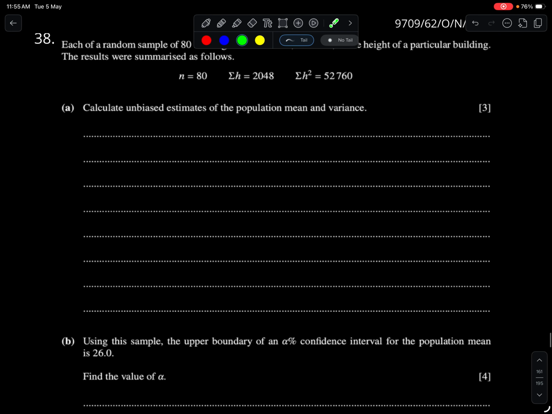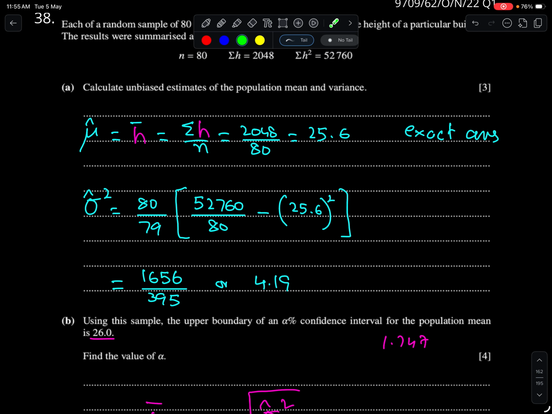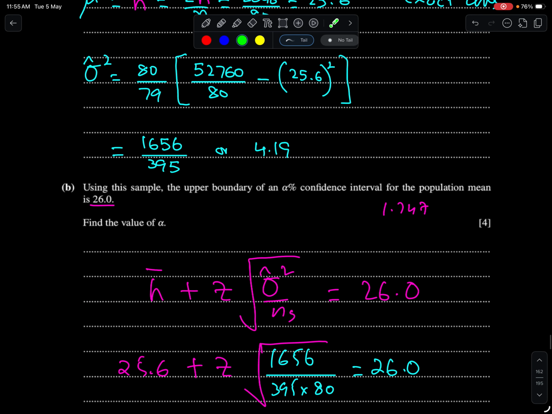Confidence level. Again, population is unknown, sample size is large, C2. So unbiased estimates are here. Using this sample, the upper boundary of an alpha% confidence interval for the population mean is 26.0. We have two boundaries, lower boundary and upper boundary.